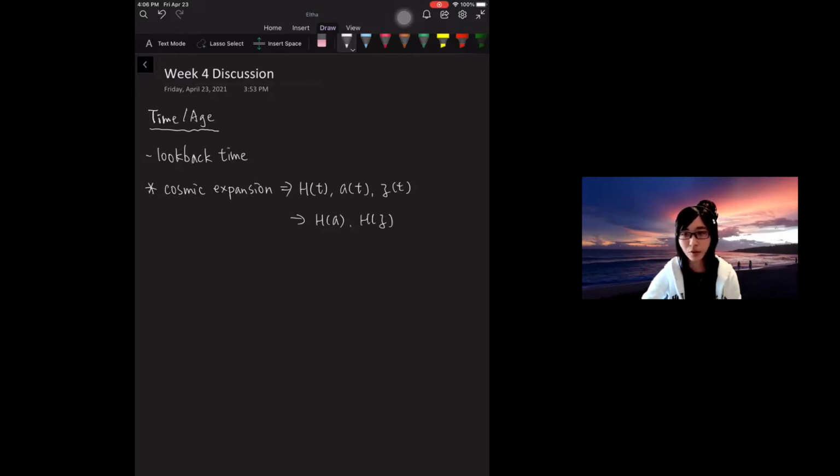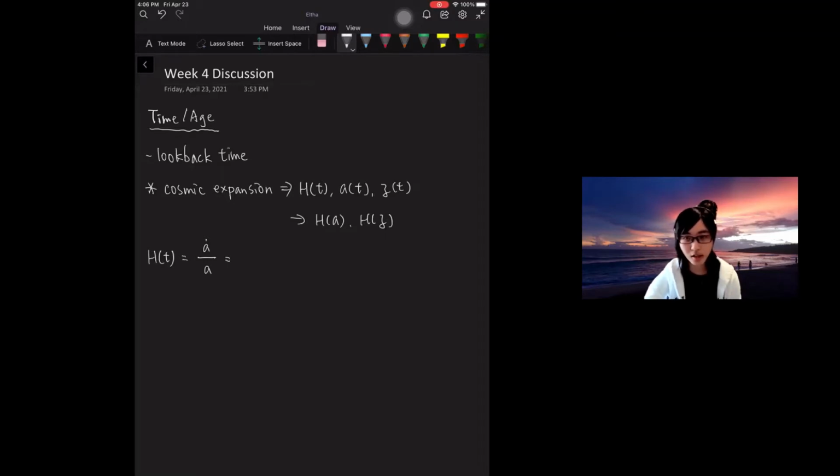If you are asked to calculate a time scale, then a very commonly used approach is to start with the definition of the Hubble parameter. The definition of the Hubble parameter is a dot over a, right? The derivative of the scale factor divided by the scale factor itself. If we start with this definition, we know that there's a dA/dt term in the a dot, right?